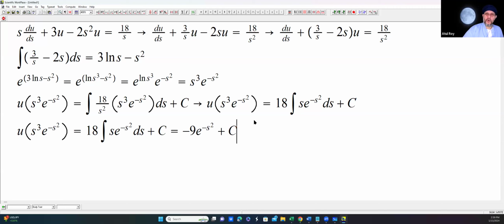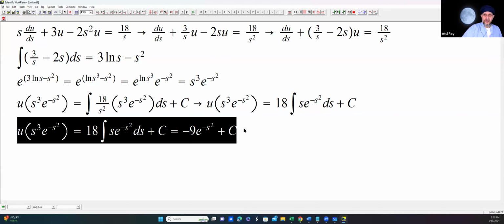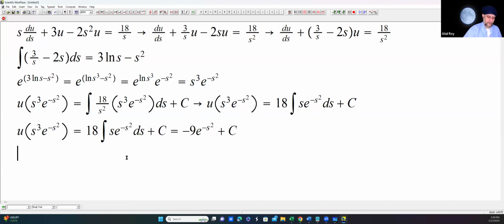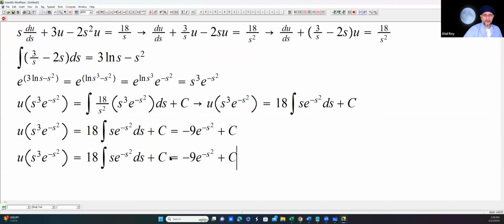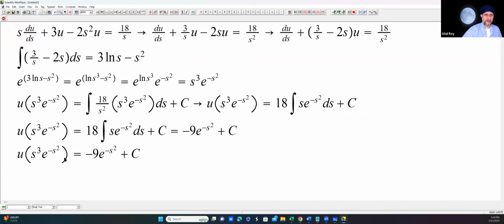Okay. So that means that our u is going to, let me just write this again here. So when I divide this one by this bracket, e to the negative s squared will cancel, right?